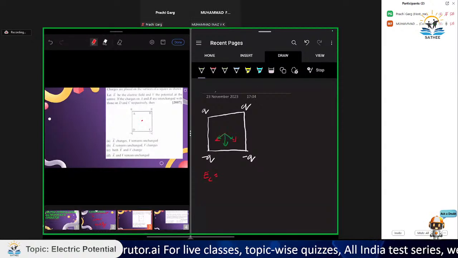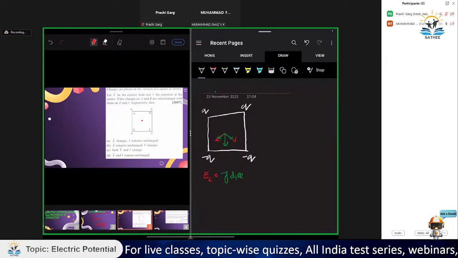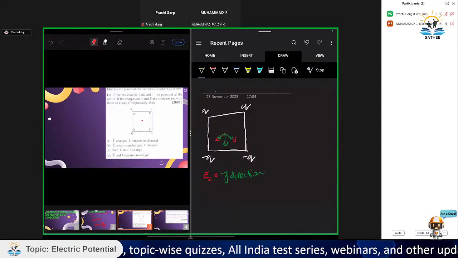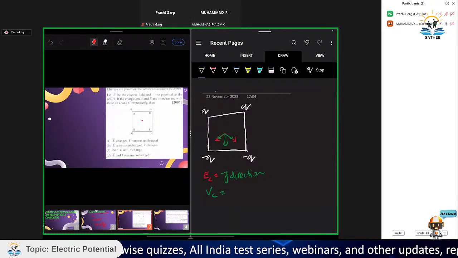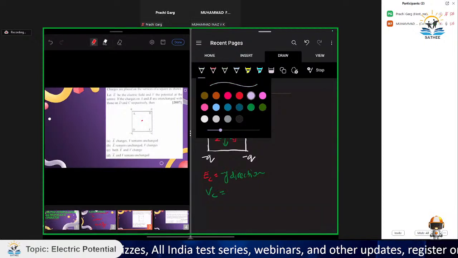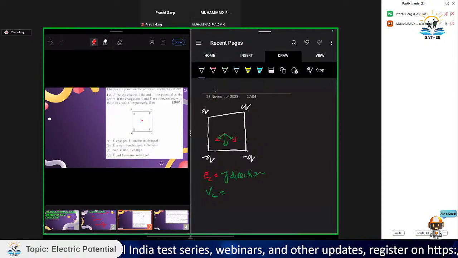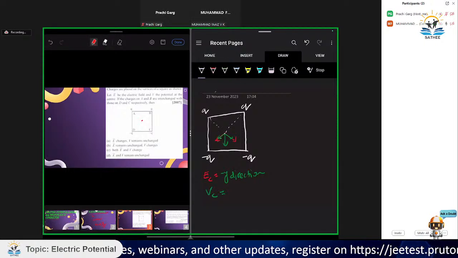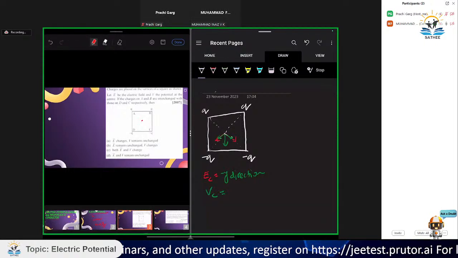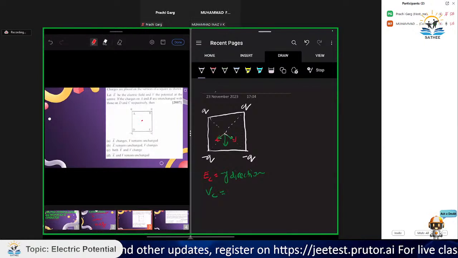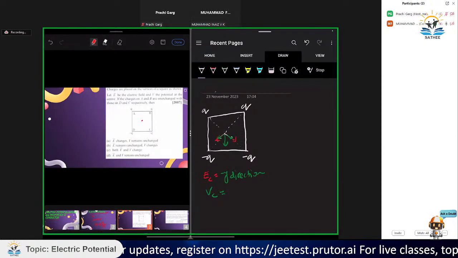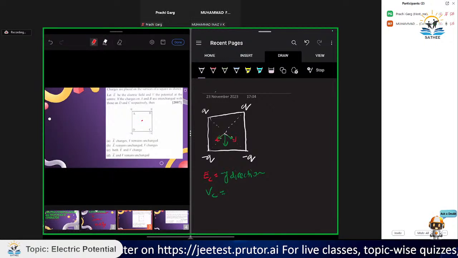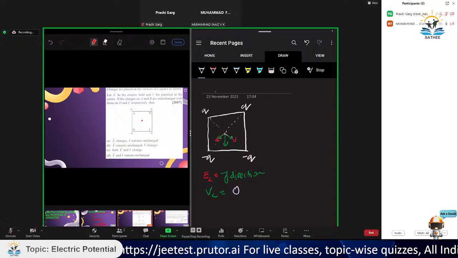Some magnitude will be there, but the direction will be towards minus Y. And for the potential at the center, 2 plus Q and 2 minus Q are equidistant. So we will get 2 plus potential and 2 minus potential that are equal in magnitude, and by scalar addition, the potential at the center will be 0.